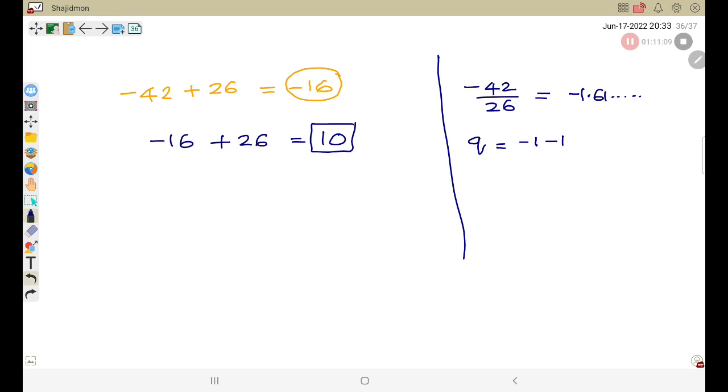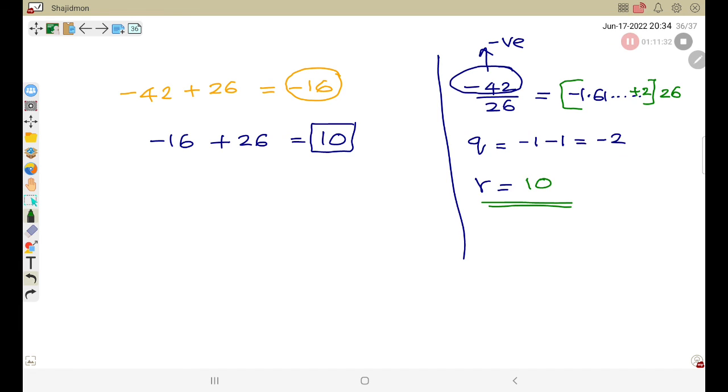Minus 1, minus 1, minus 2, because here the number is negative, minus 42. Now remainder. Remainder means opposite of the quotient number. Opposite of quotient is plus 2. Multiply divisor number 26. So plus 2 multiply 26, you will get the same answer 10. So 10 we are getting.